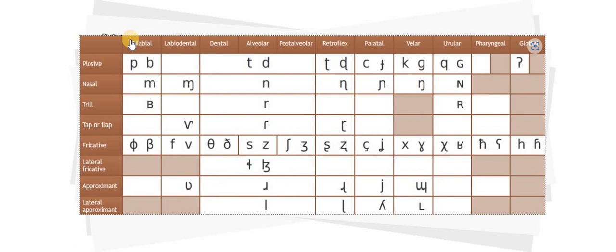And plosive means that we have stopped the airflow in the mouth. The word plosive itself is equal to stop. So this is a plosive sound or stop sound. We have stopped the airflow from flowing through the mouth.